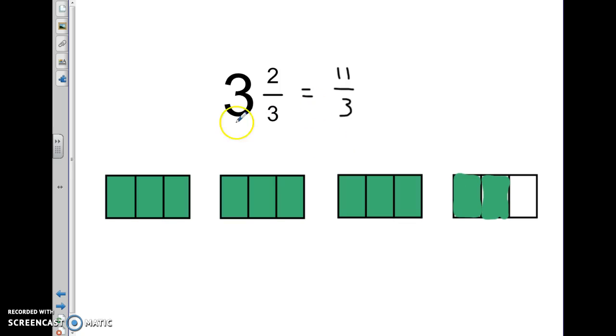Now, a way that we can do this without this diagram, and again, we can say, well, 1 whole would be 3/3. So there's 1. So even if I didn't have this visual here, I could say of this 3, there's 1 whole, there's 2 whole, there's 3 whole, and then I also have 2/3.